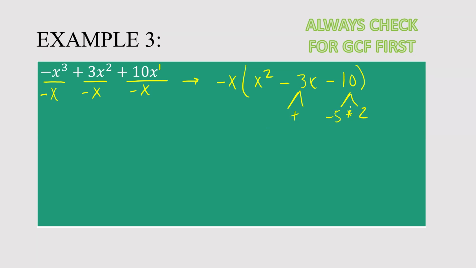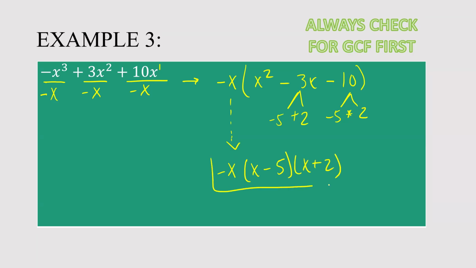Negative 5 times 2 is negative 10. Negative 5 plus 2 is negative 3. So when we write our factored form, don't forget your GCF. Our GCF is negative x. And our factors are x minus 5 and x plus 2. Ta-da!